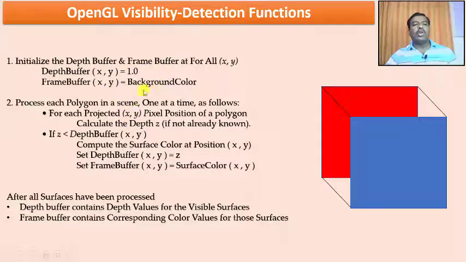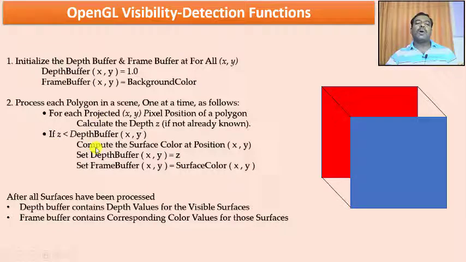And we are going to arrange the surfaces. The depth buffer will be filled with the maximum value 1 and the frame buffer with the background color. And we are going to take each surface at a time now and compute the distance of the surface from the center of projection or from the view plane.